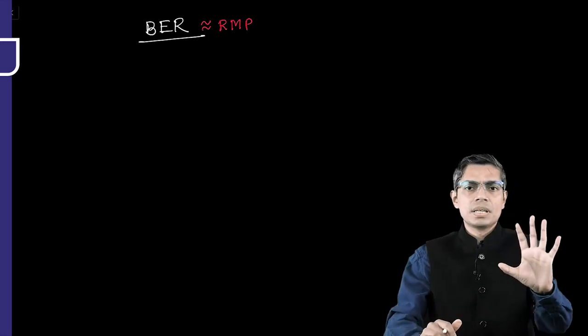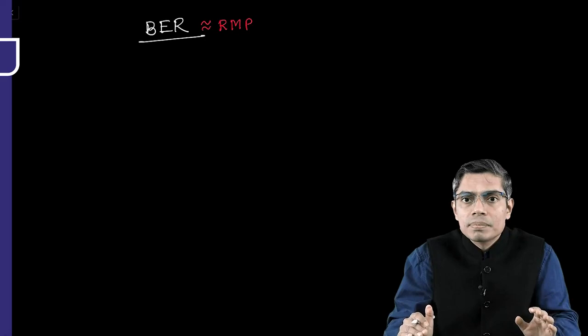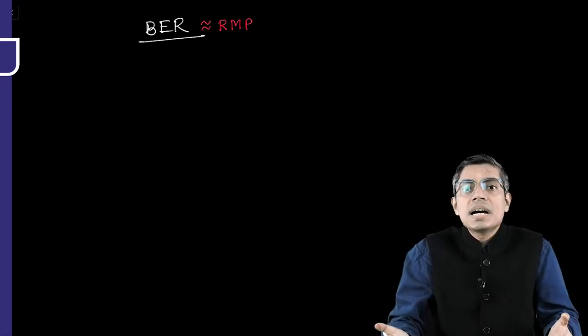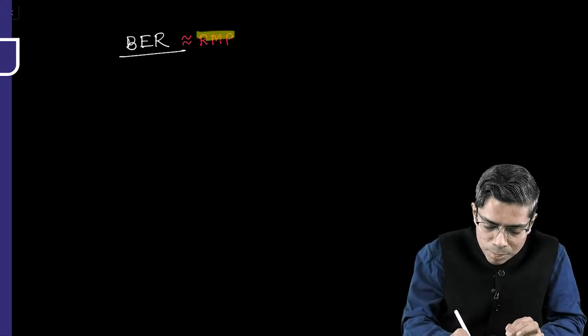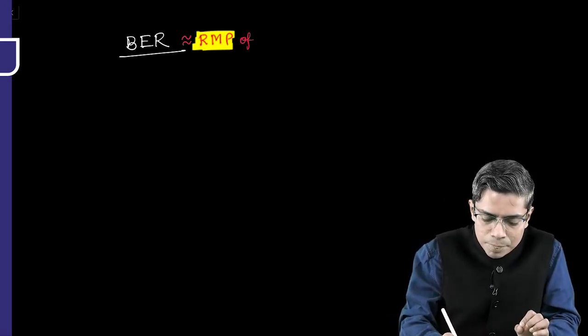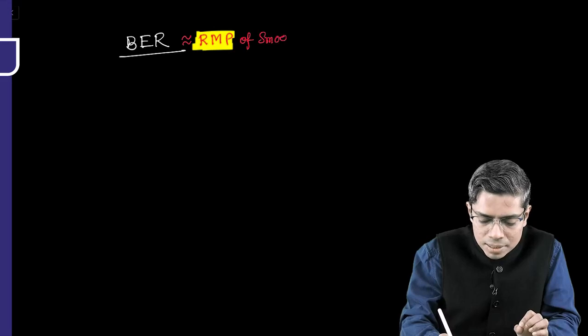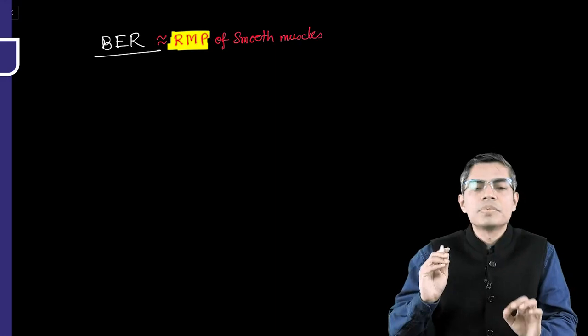So remember this, BER is nothing but RMP of GI smooth muscle, right? This is the bottom line that you have to remember. BER is very confusing, but it is very important for MCQ. So BER is nothing but RMP of smooth muscle cells of GIT.